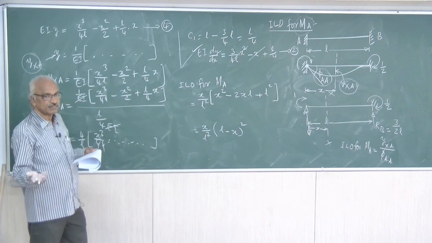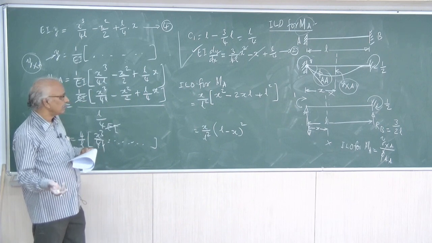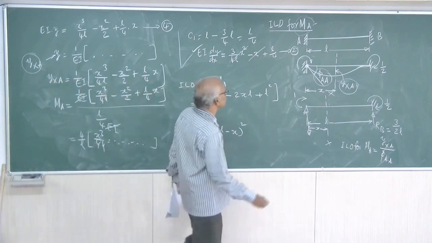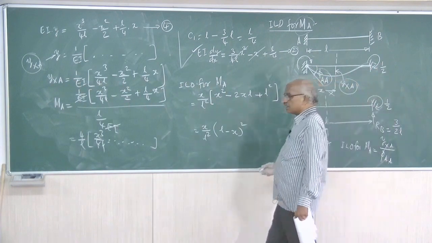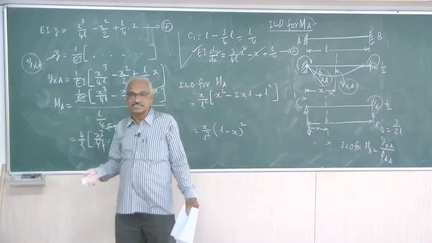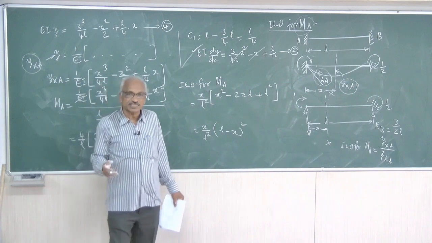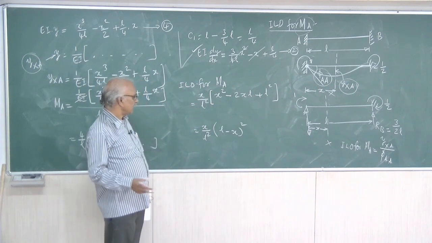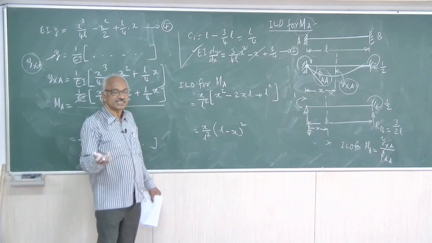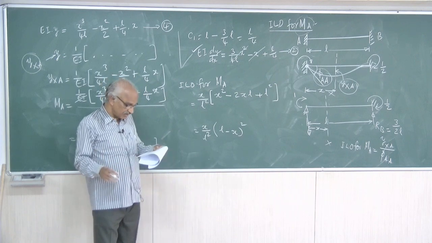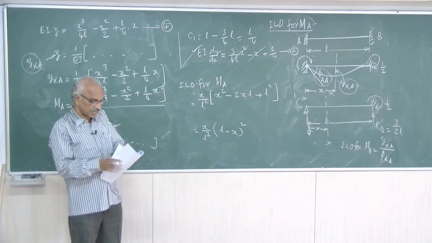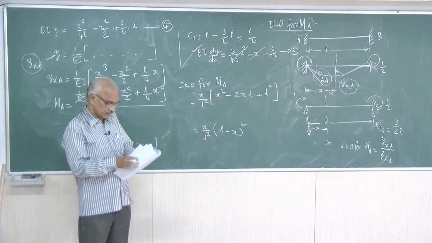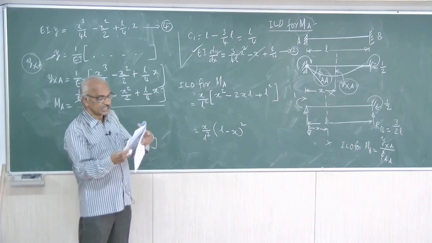If you want to get the maximum value of this ordinate, for getting that you would substitute dMx by dx equal to 0. That is the equation, you have to find dMx by dx equal to 0. That will give you the value of x where this is maximum, which is x equal to L by 3.